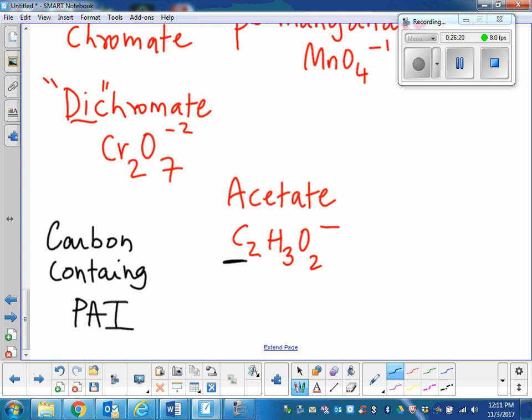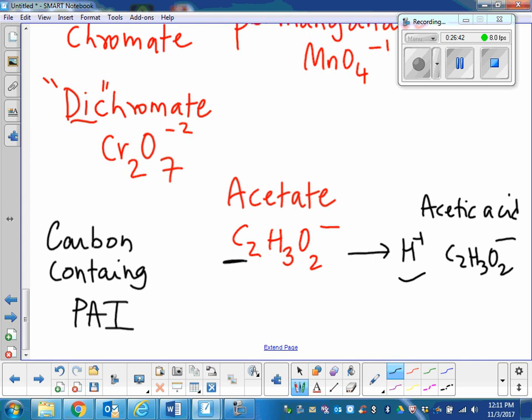All right? So this one is acetate. It's a -1. If it combines with hydrogen plus 1, it makes what we call acetic acid. So if you add a hydrogen plus to C2H3O2 minus, it's acetic acid, or HC2H3O2, which is nothing but vinegar.